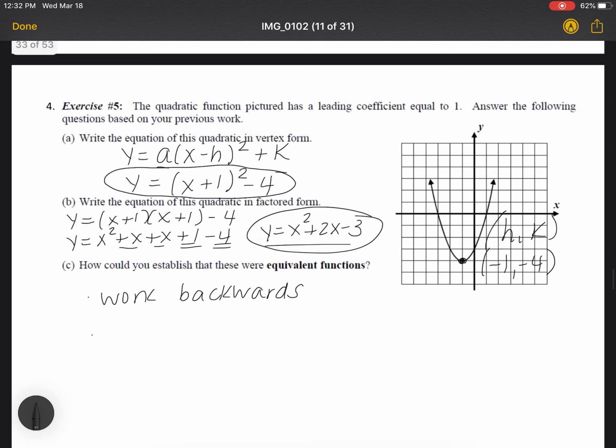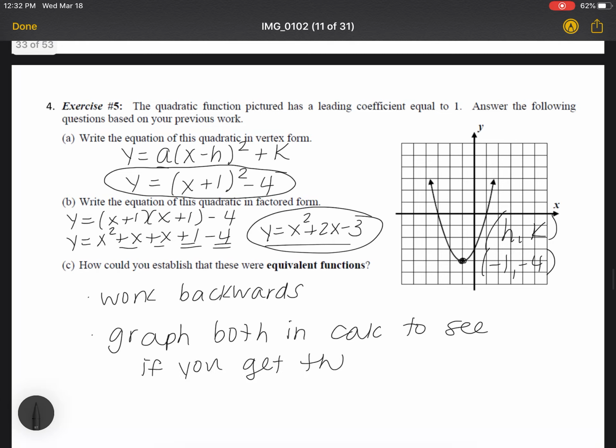Another really easy way to figure out that these are both the same parabola is just to graph them both in your calculator to see if you get the same exact picture. So graph both in calc to see if you get the same parabola.